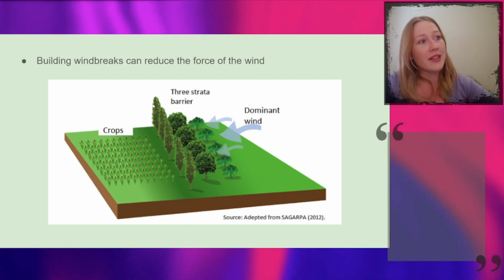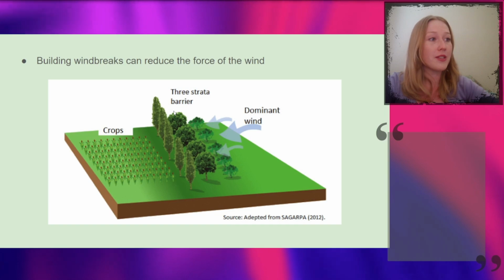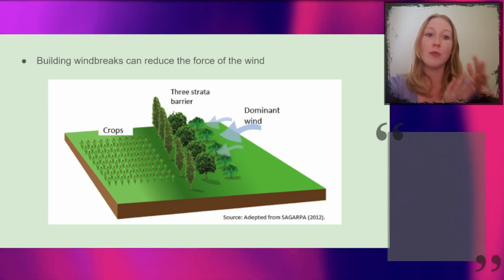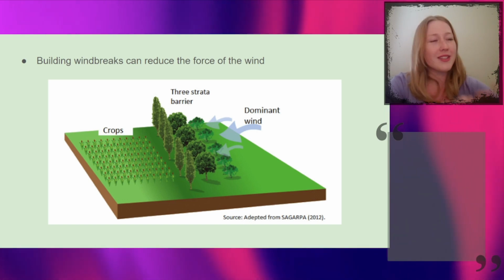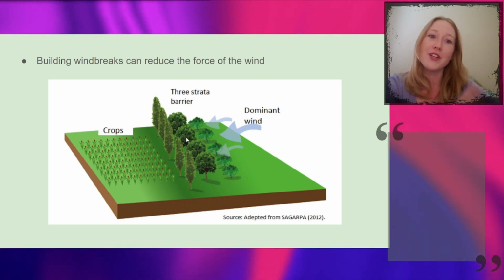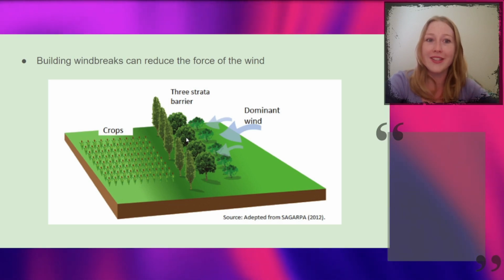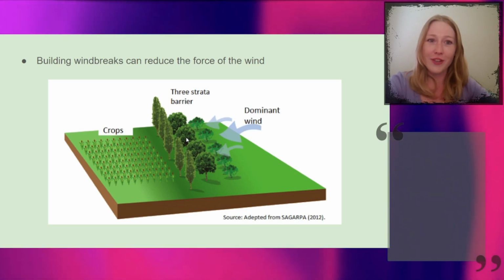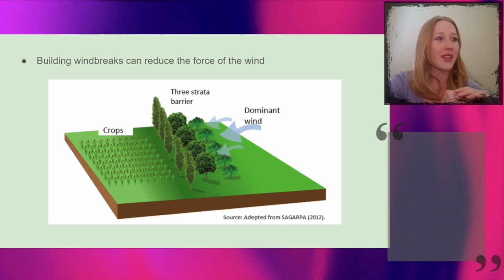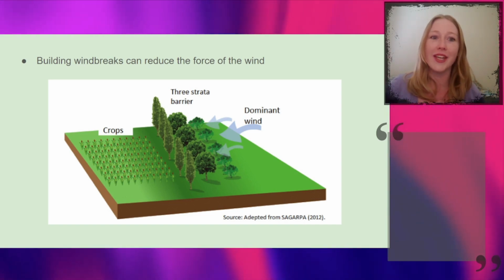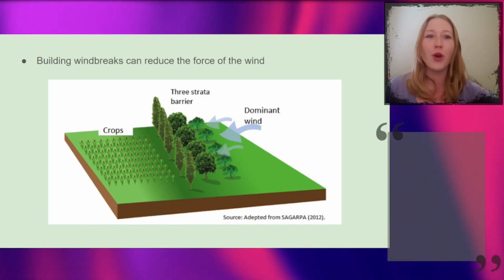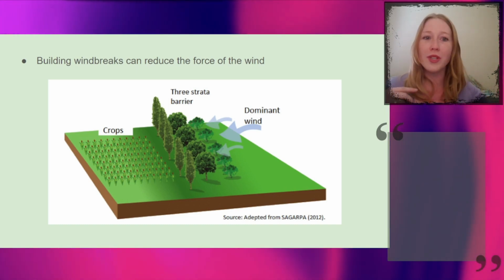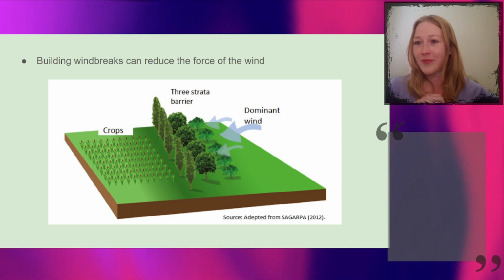Windbreaks, you basically have a barrier of trees that you can plant and it will block the dominant wind from blowing in. I think this is a type of conservation method that we don't realize we see a lot. If you're driving through a nice farmy landscape, you'll often see rows and rows of trees, maybe next to the road or along a border somewhere, along a fence line.